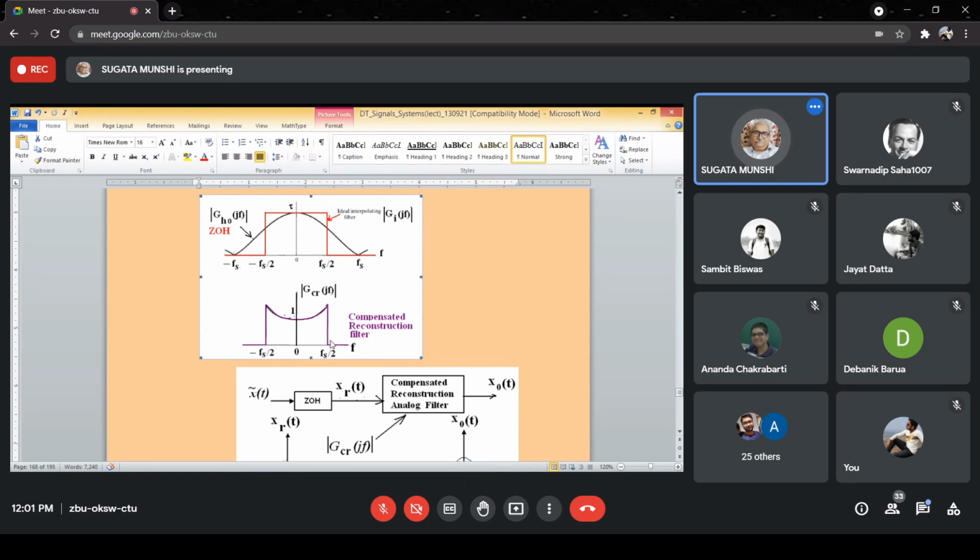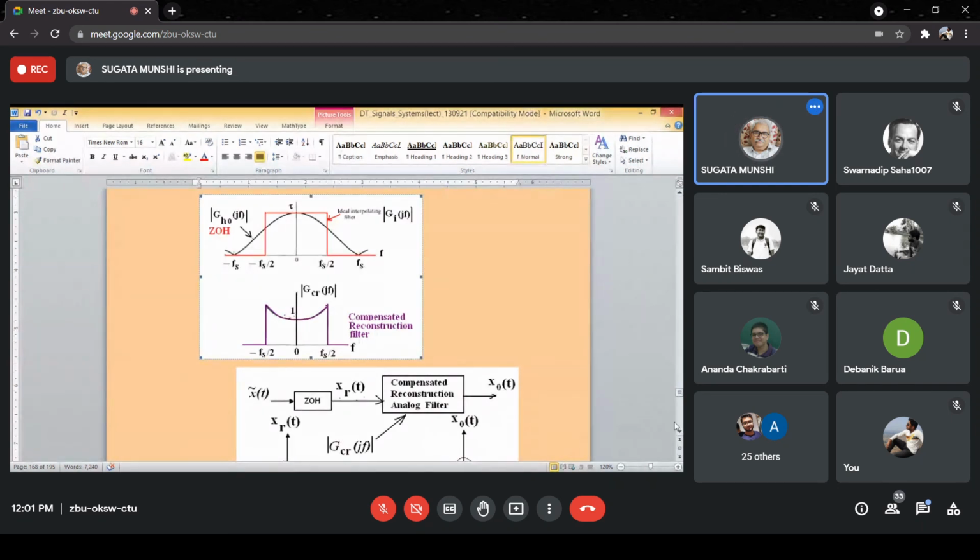It can block the high frequency contaminants, and it can also compensate the effect of zero order hold mutilating the baseband spectrum in the passband. So both things can be done by this filter if it is possible to implement it. So that's why after the zero order hold, we are placing this compensated reconstruction analog filter.